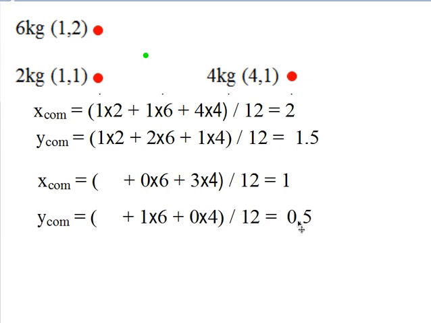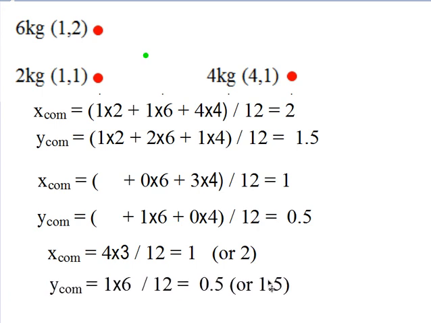And similarly in the y, this would be made null by being the origin. This would be 1 up, it would get a weight of 6, and this would be at 0, getting a weight of 4, and so perhaps the arithmetic would be a little bit easier there, that your center of mass would be 1, as we indicated, or if you have the origin at a true 0, 0, then at 2, and this one comes up with a 1/2, or if you put the origin at 0, 0, a 1.5.